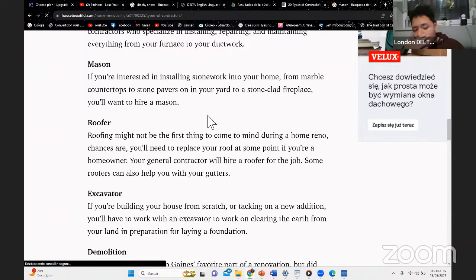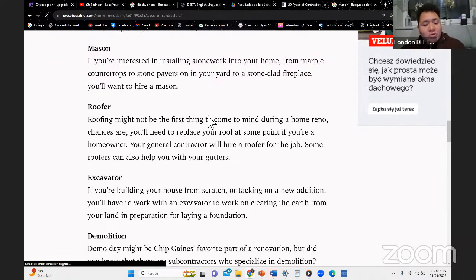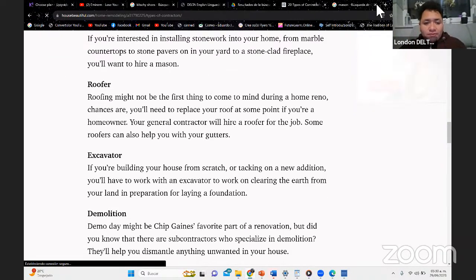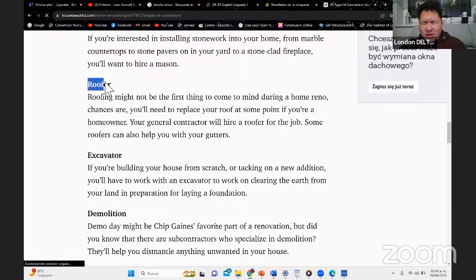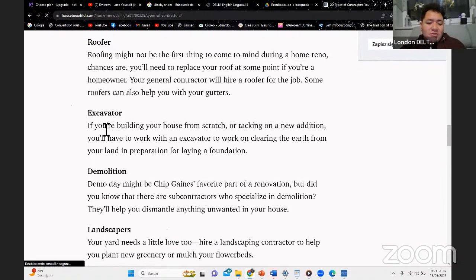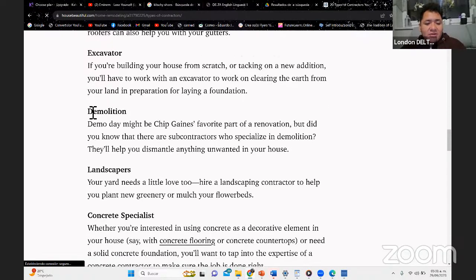Like a constructor. Okay, then we have also the roofer. Roof, it's like el tejado, so it's the person that focuses on roofs. You can see that there are contractors for everything, that they can specialize for different parts of the house. Excavator, alguien que está especializado para excavar.